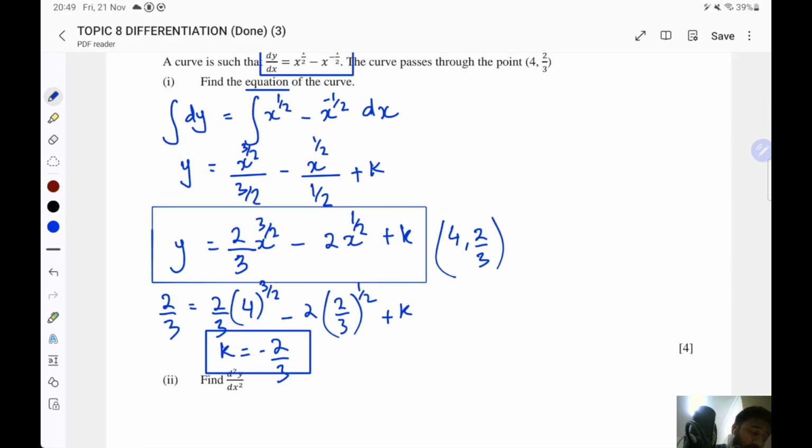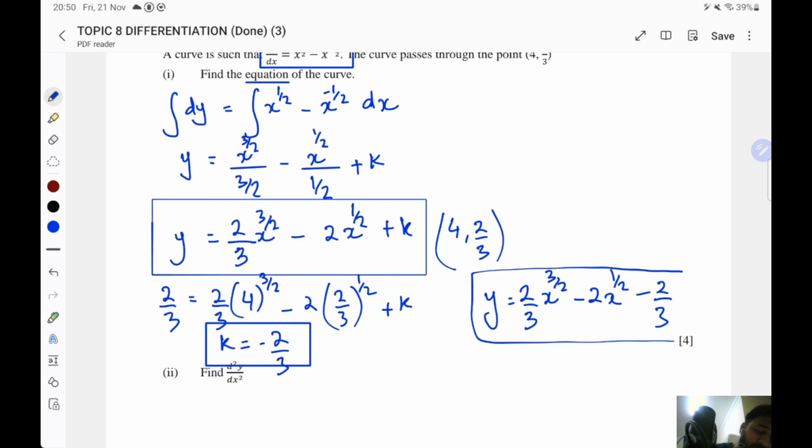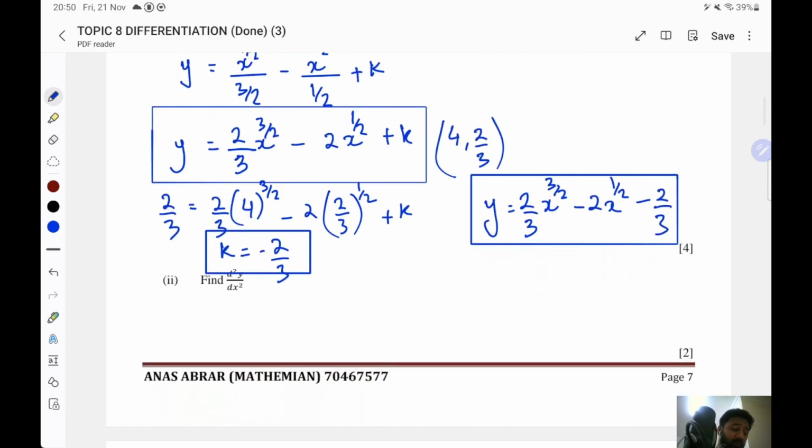So to write down the function, it's going to be y is equal to 2 divided by 3, x power 3 by 2, minus 2x power 1 by 2, minus 2 divided by 3. This will be the function f of x.